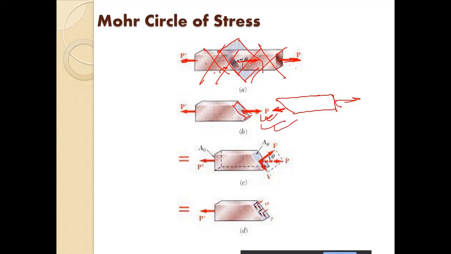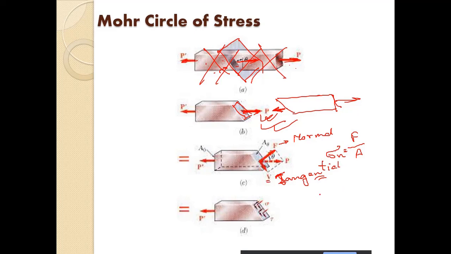So once we obtain this P, we resolve it into two: one is the normal force, and one is the tangential force. If we divide the normal force F by the area A, that is the normal stress.